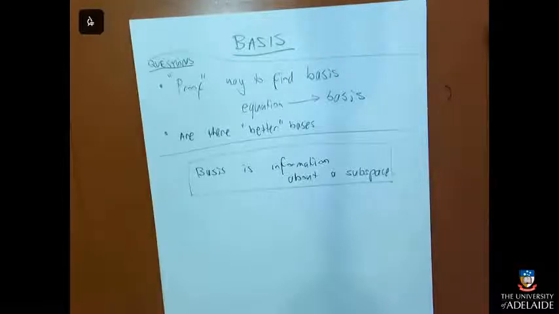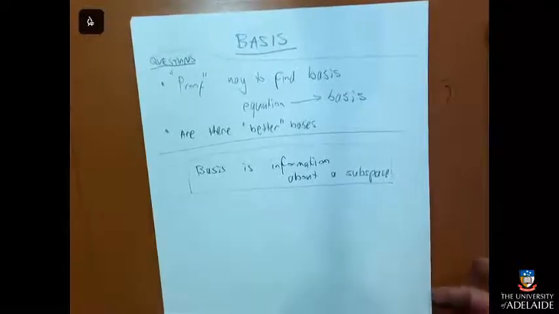There are some things which are objects in their own right, like numbers or matrices or subspaces, and there are some things that don't exist without the other thing. So the determinant of a matrix doesn't exist unless the matrix is there. It's just a number otherwise. So the determinant belongs to a matrix. It's information about the matrix. A subspace is a thing, and a basis just belongs to the subspace. It doesn't exist all by itself. Okay? So there's no point saying this is a basis without saying what it belongs to.